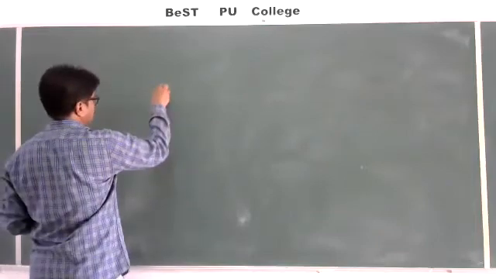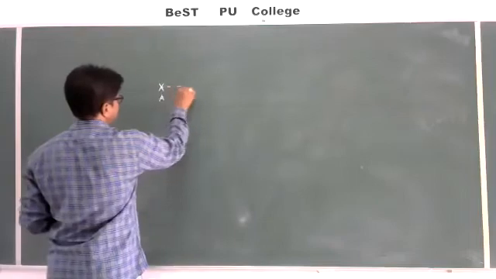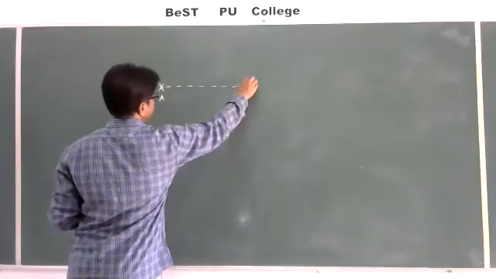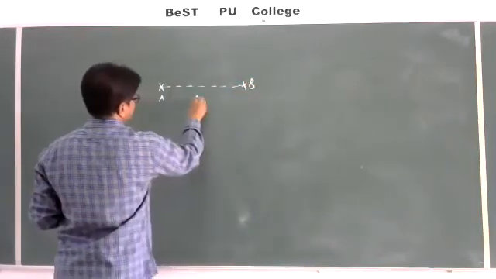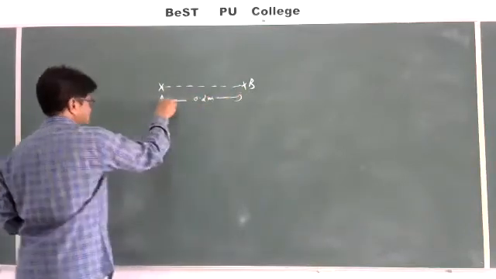He considered 2 points A and B, which are at a distance of 0.2 meters.